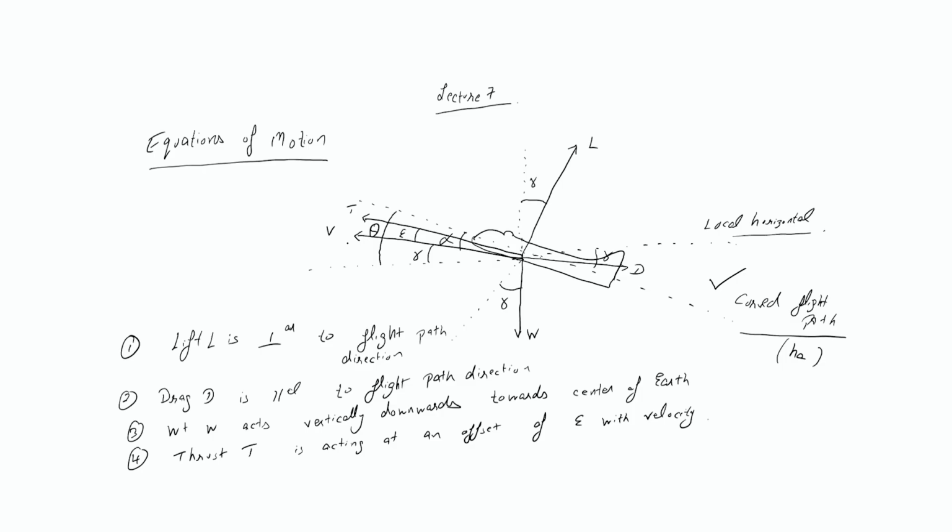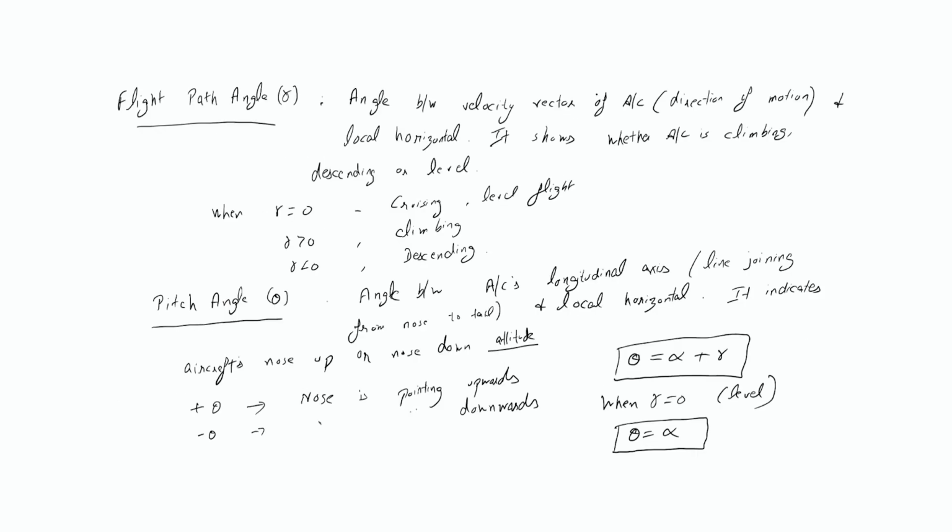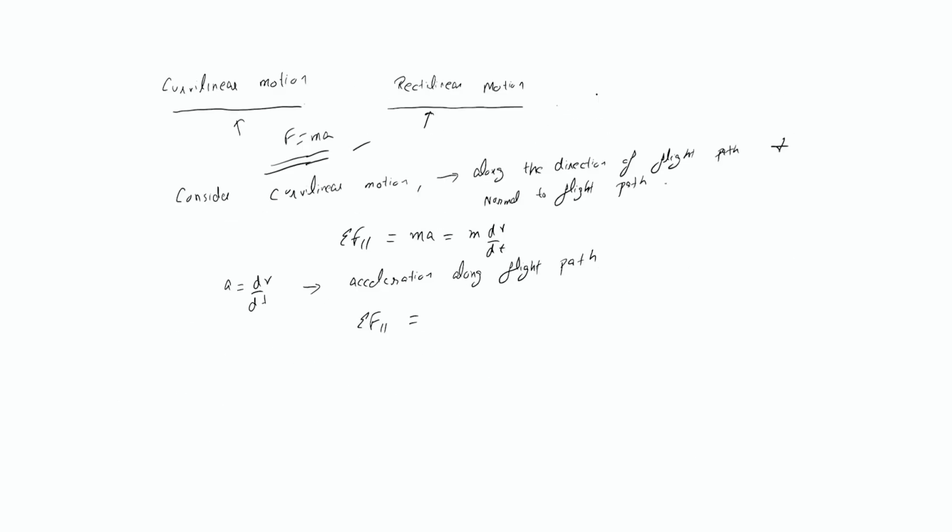So along the velocity direction we have T cos epsilon, and T sin epsilon when considering perpendicular. So T cos epsilon.